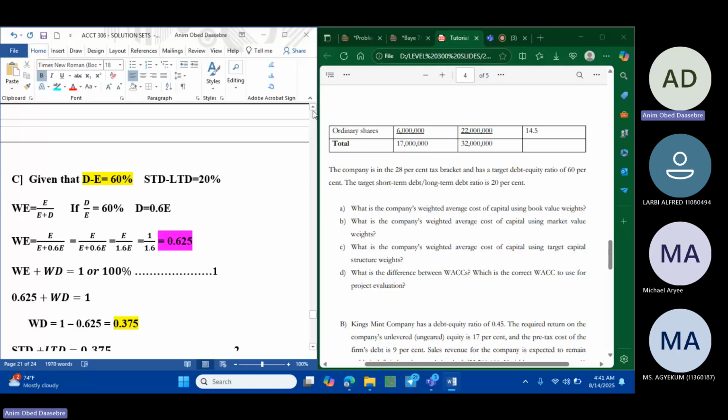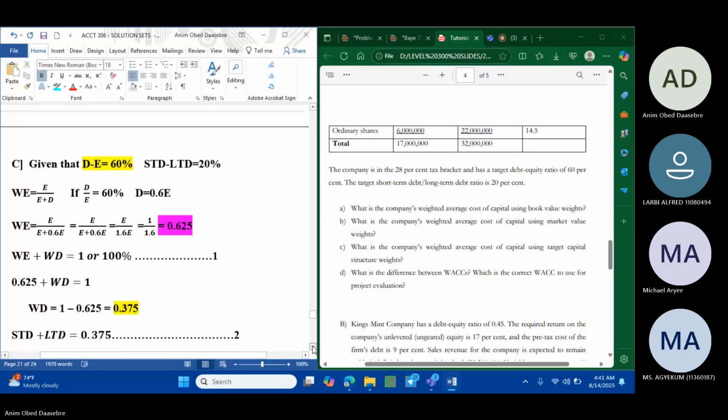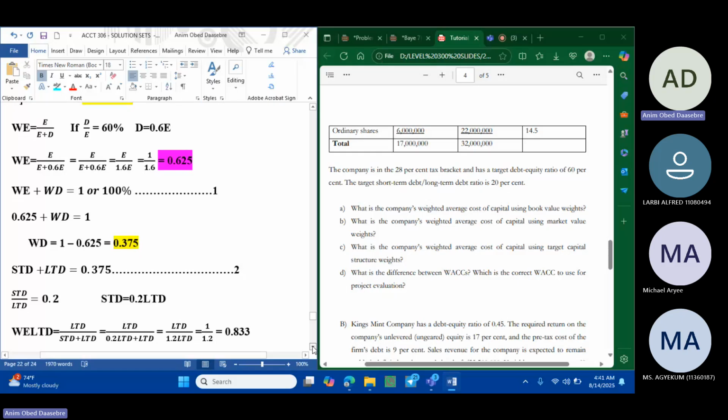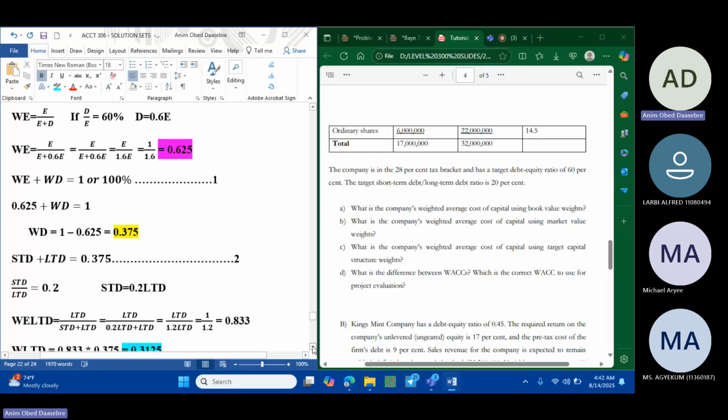Then the target capital structure rate is 10.50. So these are the WACCs. Market was 11.35, book value 8%, target capital structure is 10.16%.